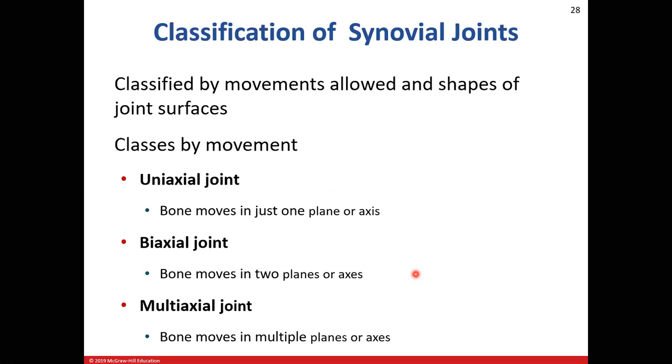Uniaxial joints really have movement in just one singular plane or axis. That's where we get the uni from. Biaxial, as you can guess based on the prefix, is going to be movement of that particular joint in two planes or axes. And then a multiaxial joint is movement in multiple planes or axes.